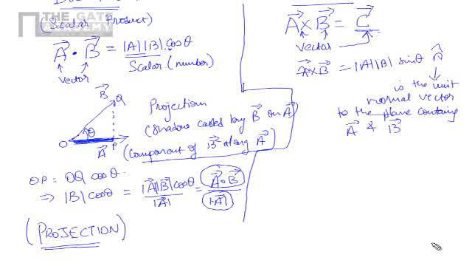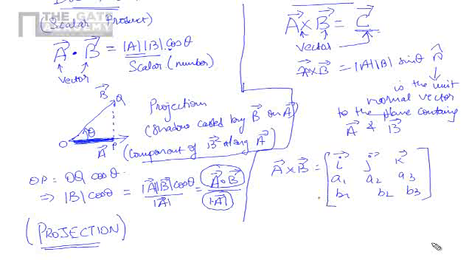Or I can also write A vector cross B vector as a determinant with rows i, j, k; A1, A2, A3 are the components of A vector and B1, B2, B3 are the components of B vector. That is, my A vector is A1i plus A2j plus A3k. Similarly, my B vector is B1i plus B2j plus B3k.